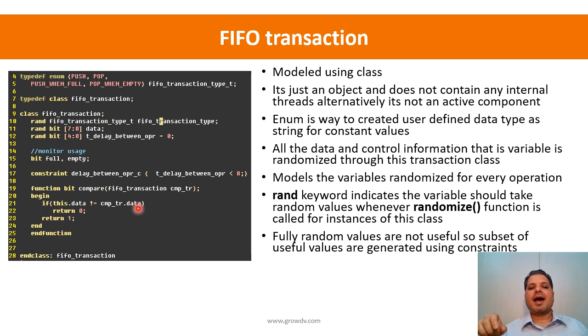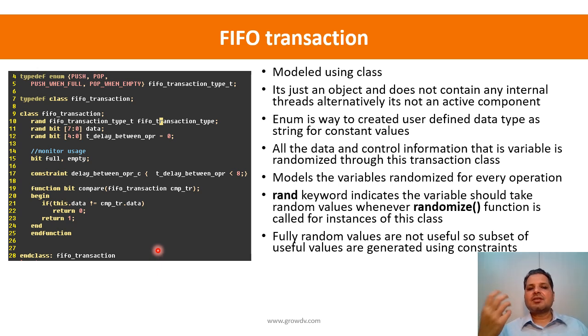If they match, it will return 1. If they don't match, it will return 0. Now just keep this function in your mind. This is a function that will be utilized while we are doing the scoreboard. In the scoreboard, we will take the actual and expected, and with respect to one, we will pass the other and ask to compare. It will do the comparison and tell us whether it's matching.